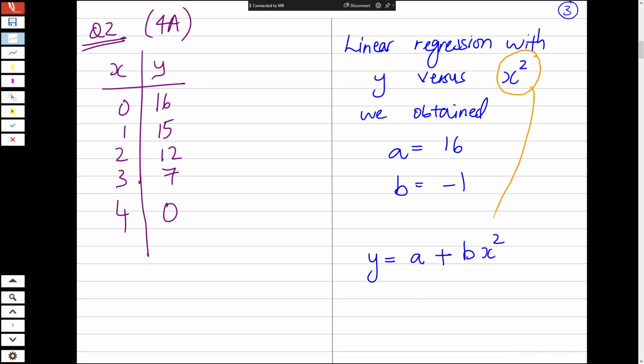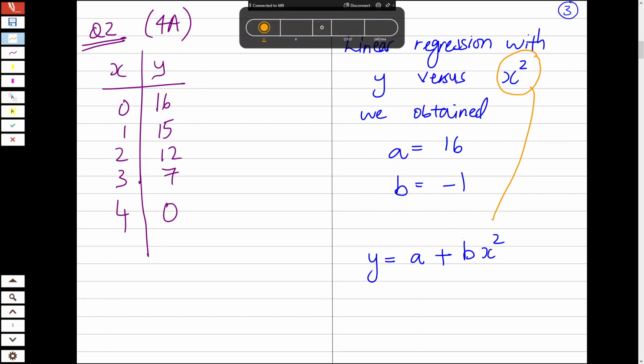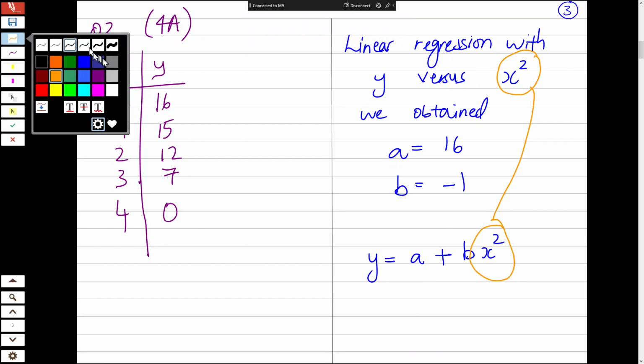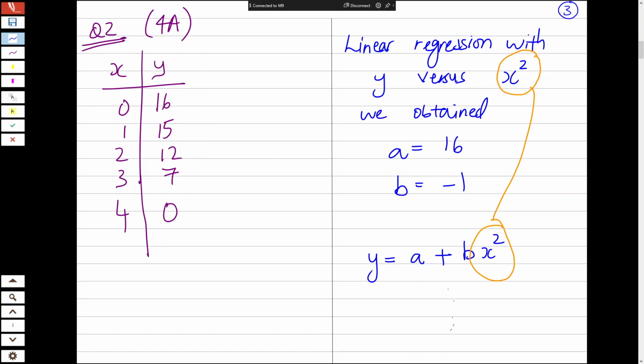Okay, so I'll draw an arrow here. Can you see, Michaela? With the power of technology, I can move. All right, so. Okay, so your equation is going to be y equals 16 minus x squared.